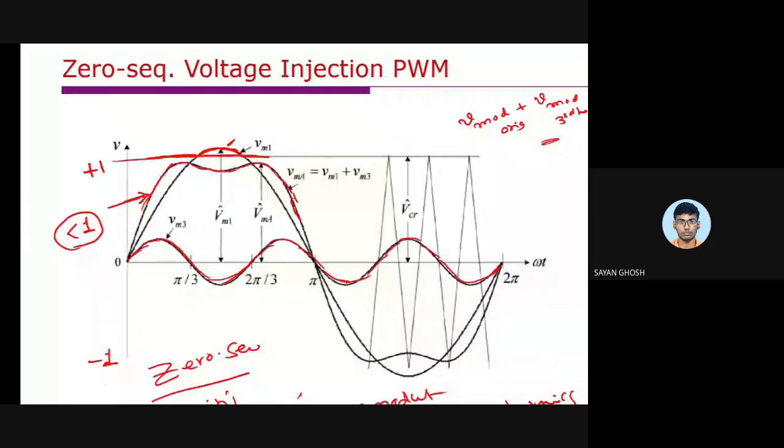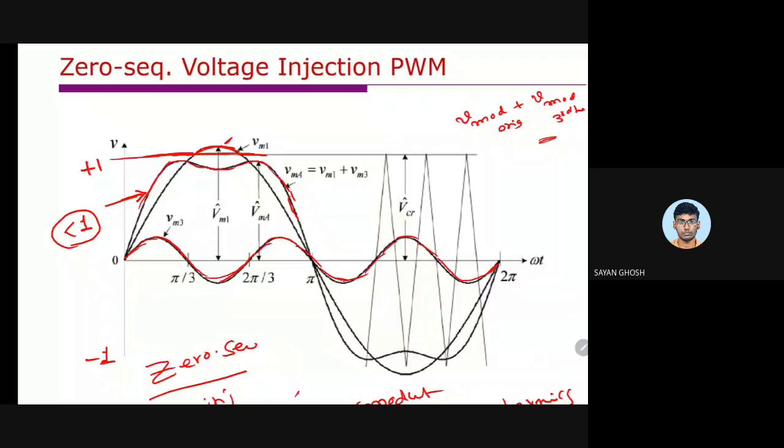So here the waveform remained the same, but if you notice, this is the area that we lost. When you add this third order harmonic, this is the area we lost, but the area that we gain is this one. Similarly, in the negative half cycle, this is the area we lost.